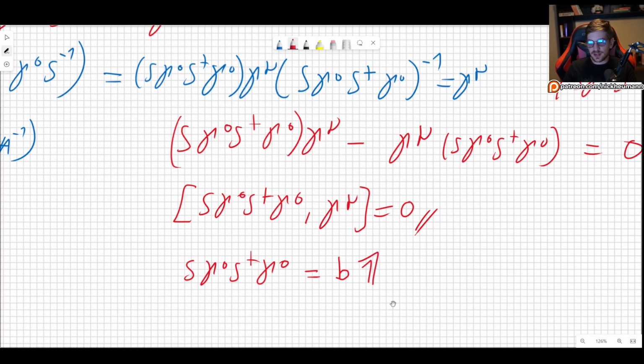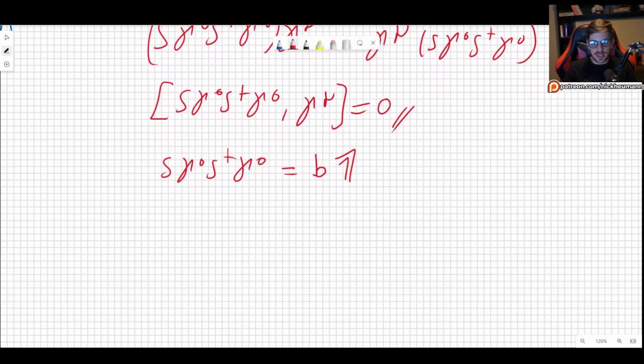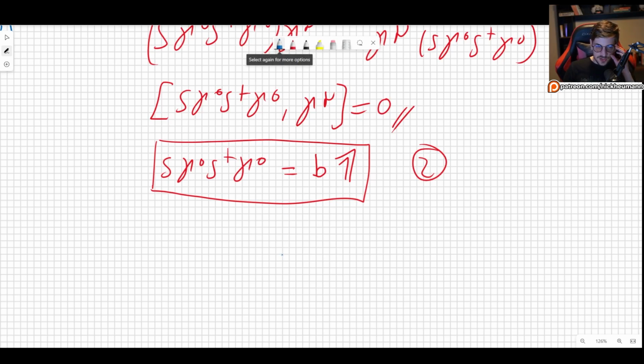Okay, so that is very important, because now we're going to be able to do a few little tricks to figure out more. This is going to be another very important equation. Let's call it 2, since 1 has already been taken. First of all, note that we could write this as S dagger gamma 0 equal to gamma 0 S to the minus 1 times B. We multiply from the left first by S to the minus 1, and then by gamma 0, so that S minus 1 cancels and gamma 0 cancels.